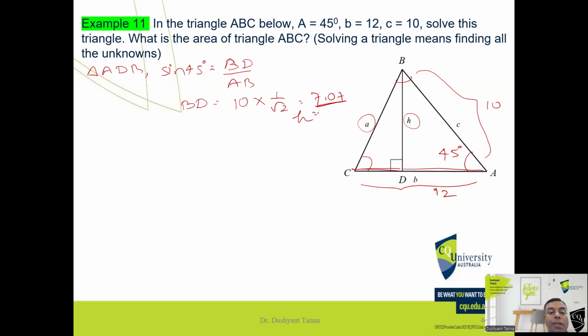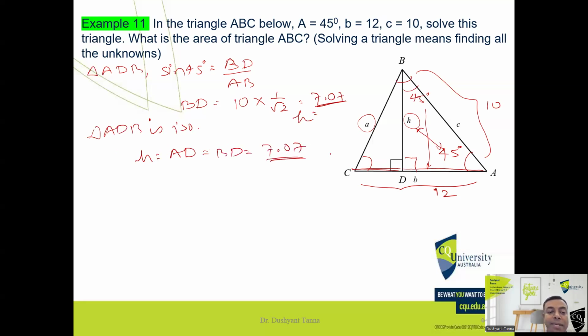Right? Now, you can use further trigo, or you can simply say that triangle ADB is an isosceles triangle because it's 45, that one is 90, so the other one has to be 45. So 2 sides are equal. So this one and this one are the same. Therefore, h is the same as AD, which is the same as BD, 7.07.